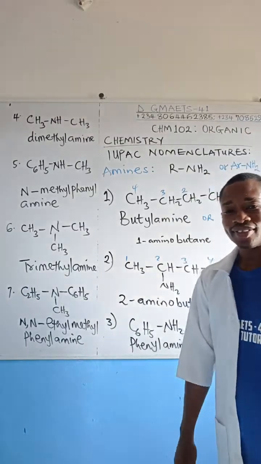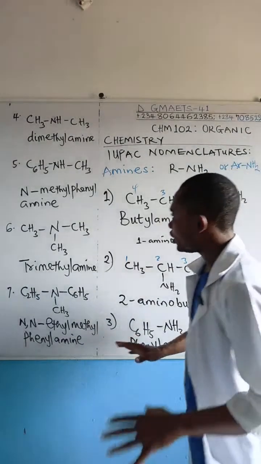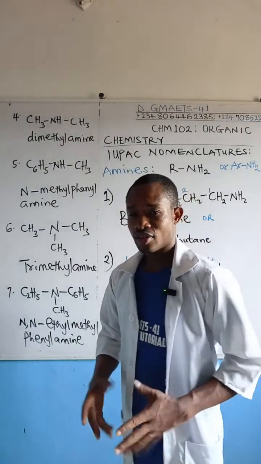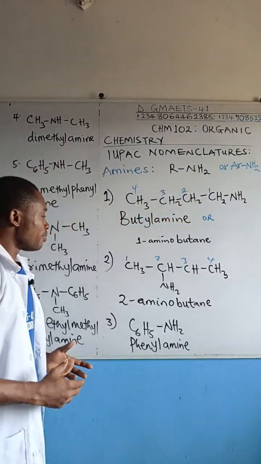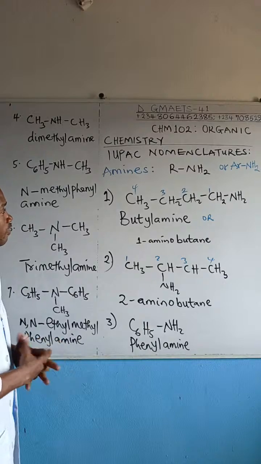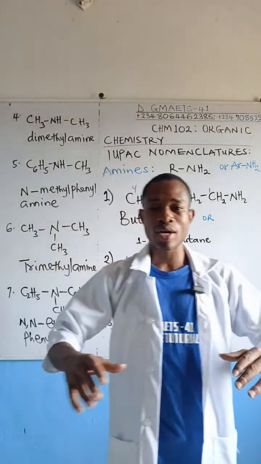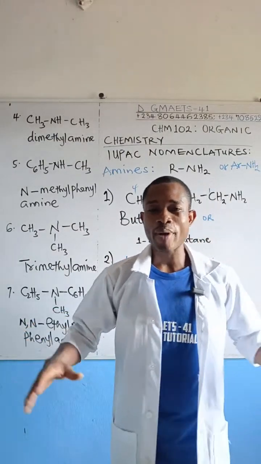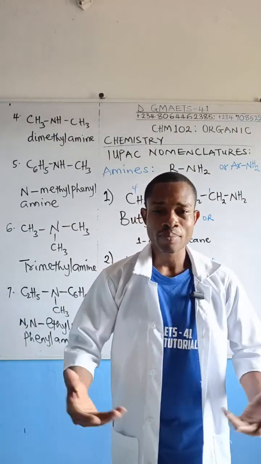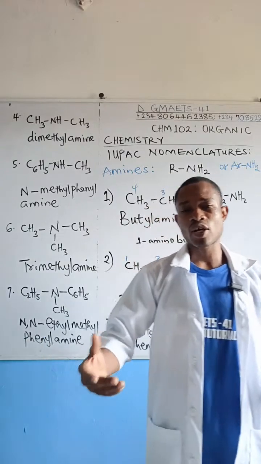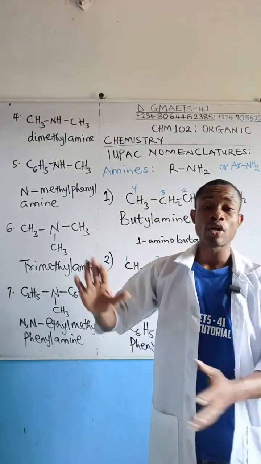This is cool. I hope you learned something wonderful from these structures and the nomenclature that we have covered so far. And I'm very happy, you know why? Because with this, the GMAETS 41 has conquered all the IUPAC nomenclature for what I would call beginners, because we have other homologs which are no longer aliphatic.